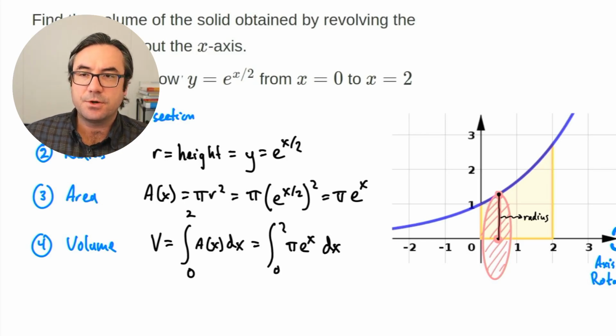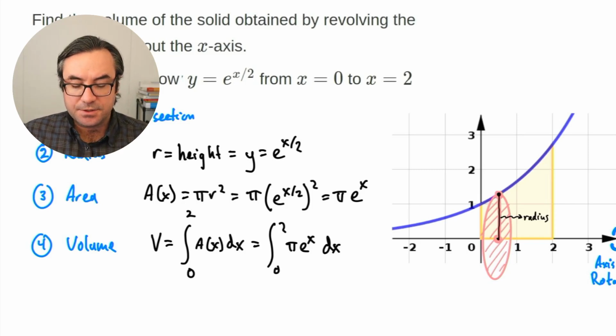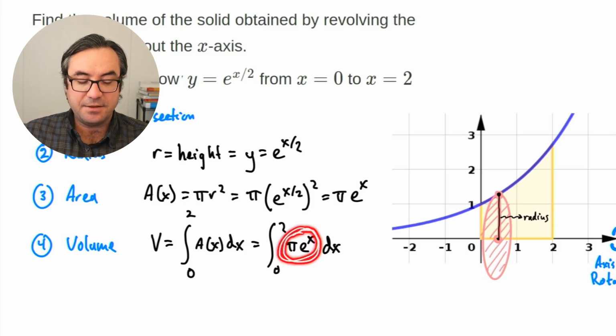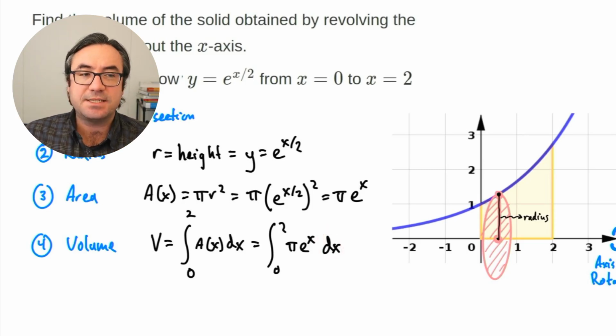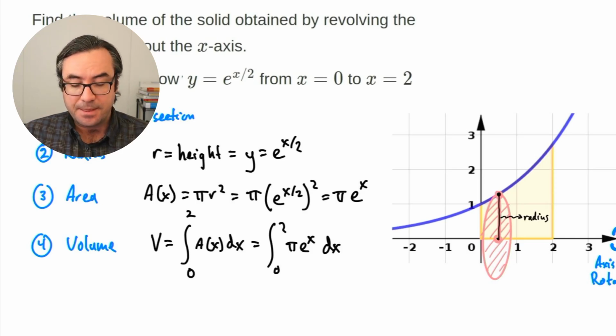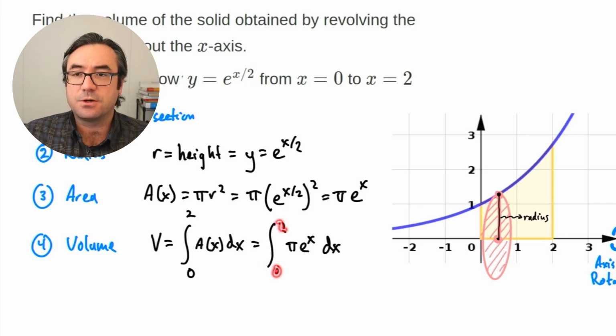So essentially, this pi times e to the 2x is giving the area for all of our little cross-sectional cuts. You can interpret dx here as the thickness of each of those little cross-sectional pieces. And what the integration is doing is adding all of those little cross-sectional pieces up, going from 0 to 2.